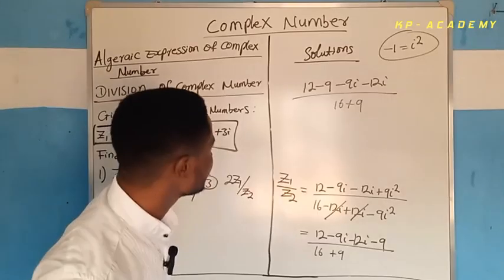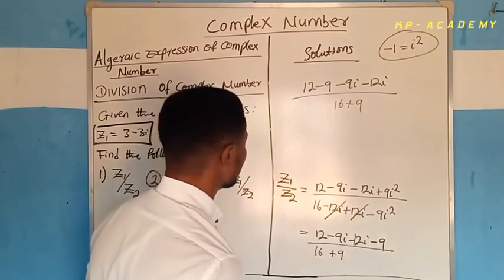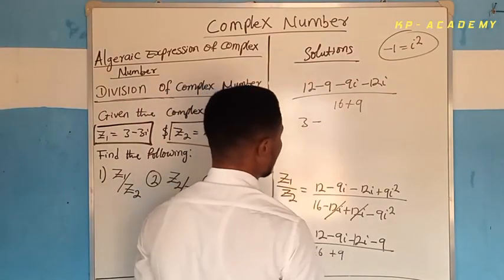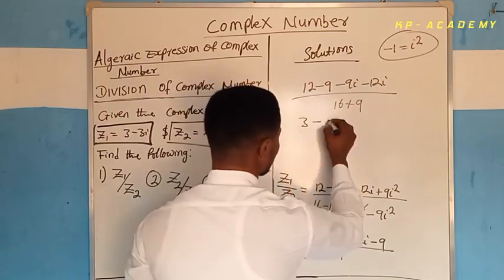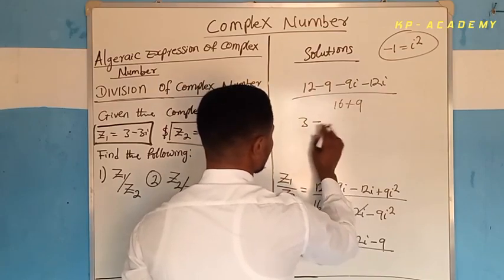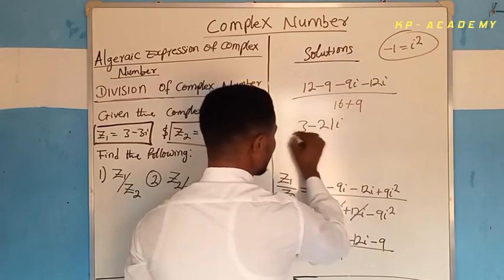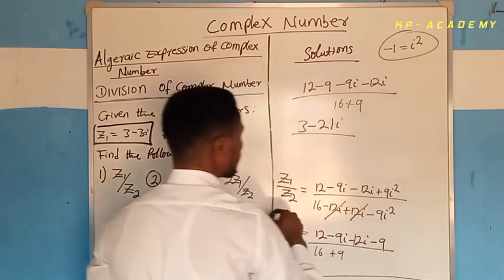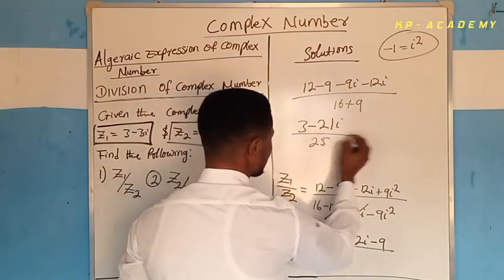So we can evaluate this finally to mean that 12 minus 9 gives us 3. We have 3 minus, and we have minus 9 minus 12, we have minus 21. 3 minus 21i all over 16 plus 9, we have 25.